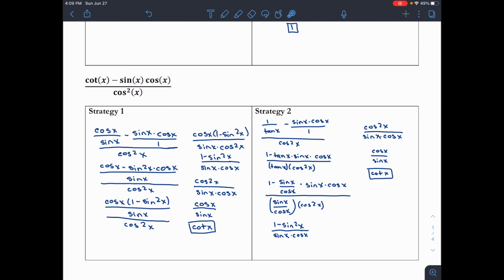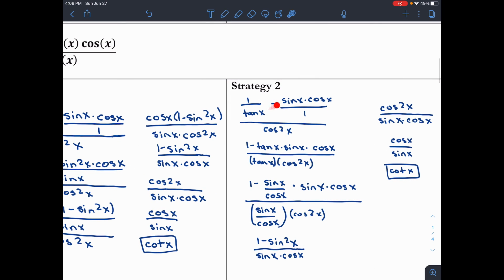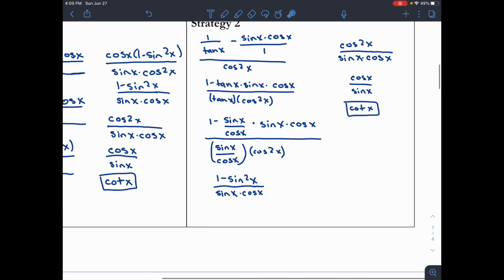Here what I did was I chose this because we know that cotangent is the reciprocal, so we can just put 1 over tan. Again, make that the denominator. We can multiply both sides by tan so that there's no more denominator in the numerator. And so we have 1 minus tan x times sine x minus cosine x over tan x times cosine squared x.